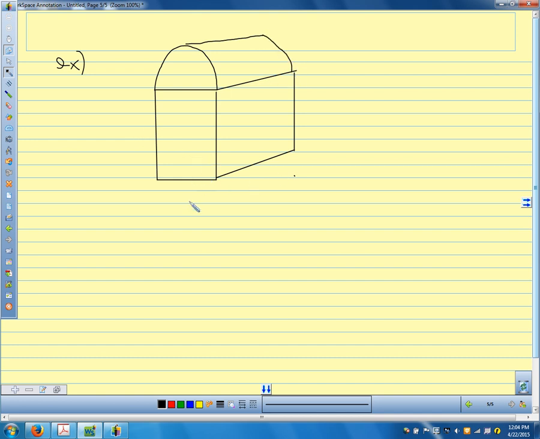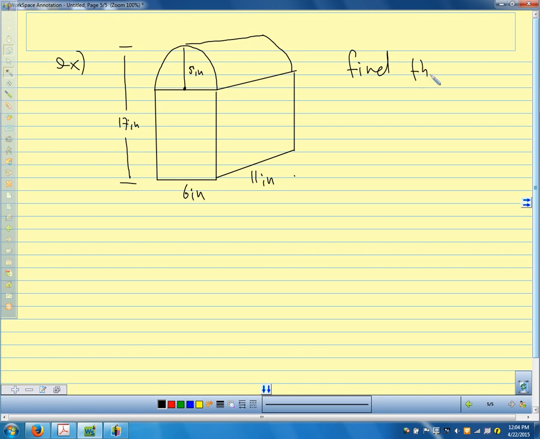And this is 6 inches, and this is 11 inches, and this is 5 inches, and the whole thing is 17 inches. And our problem says find the volume of the mailbox.